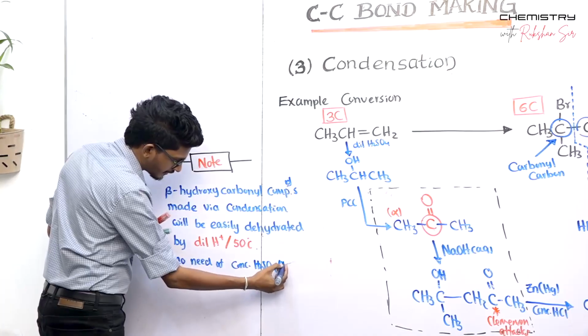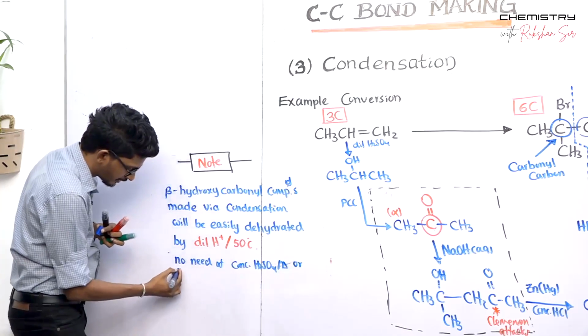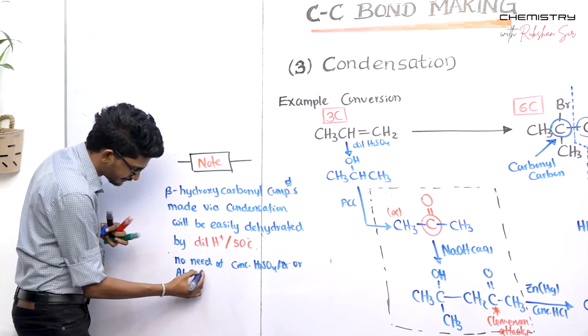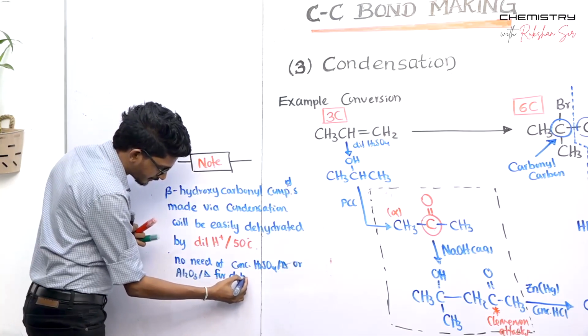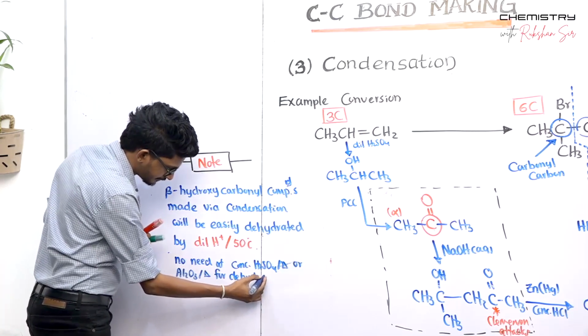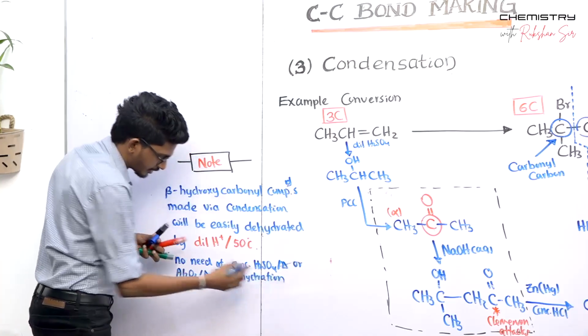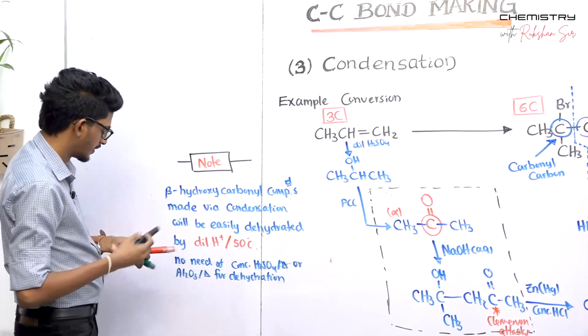H2SO4 and heat, or alumina, for dehydration of these beta-hydroxy compounds.